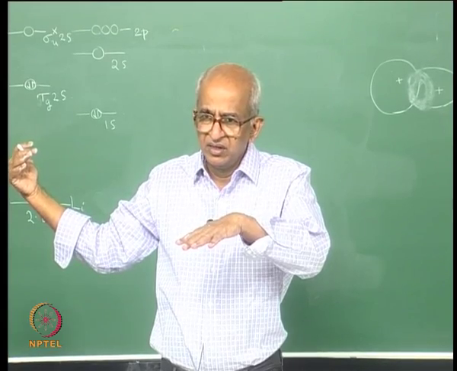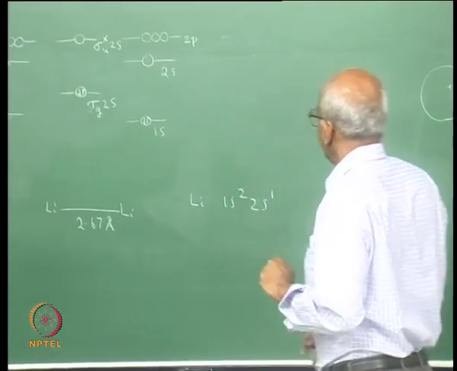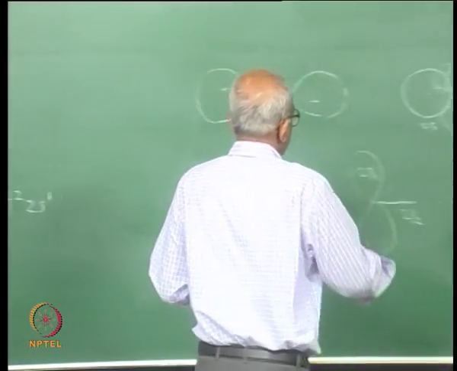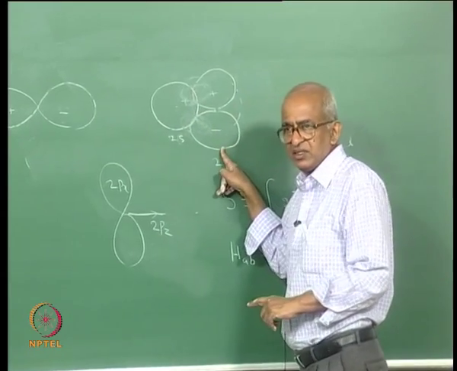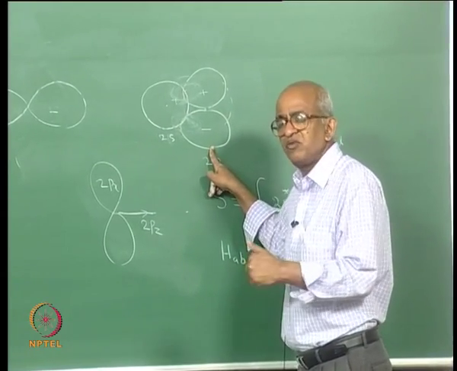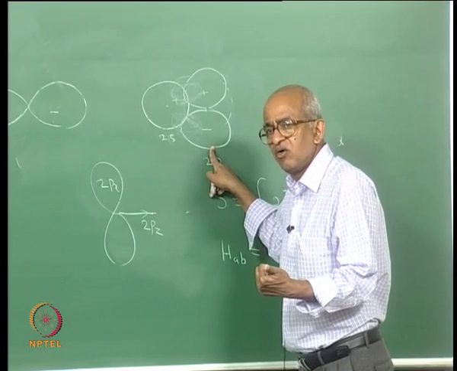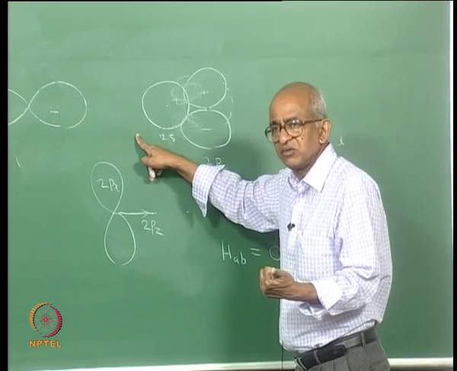Okay, so remember that in mind. Then the other thing is, we have seen that this 2px cannot interact with the 2s. So then which orbital on the other atom can it interact with?